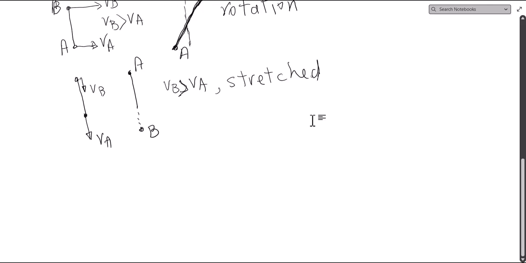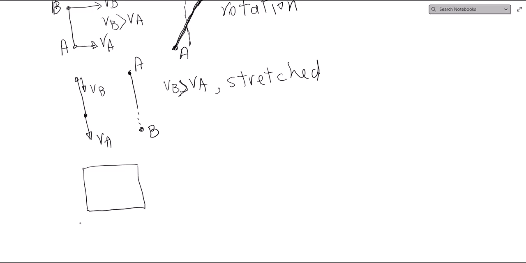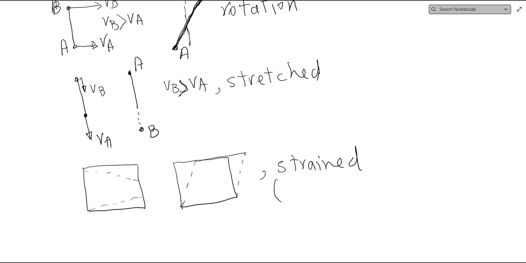Now, I may have another case where I consider my element as a square, and then because of the rotation of, let's say, this side and this side, or shall we say my element is strained in this direction, then we get strain. Strain bends the angle, changing it from 90 degrees.